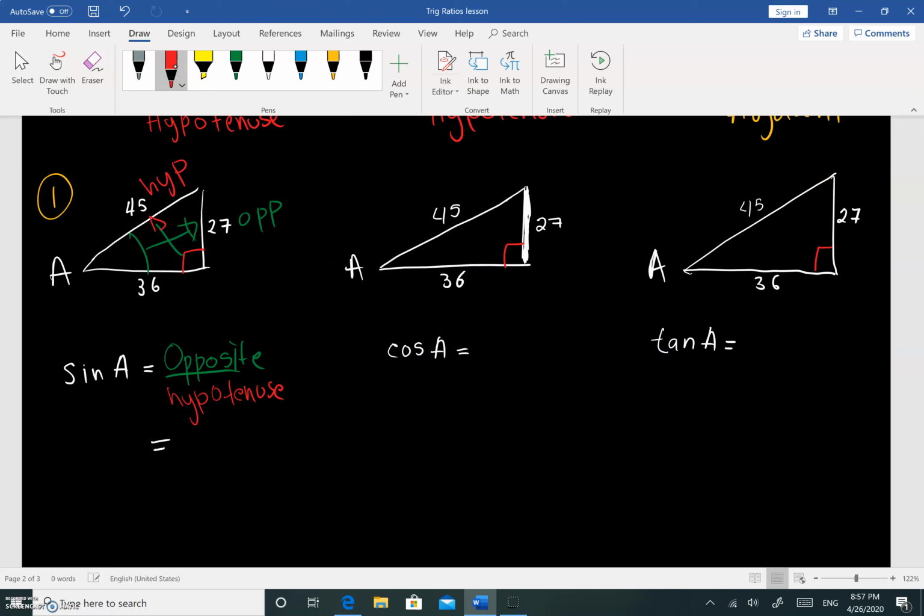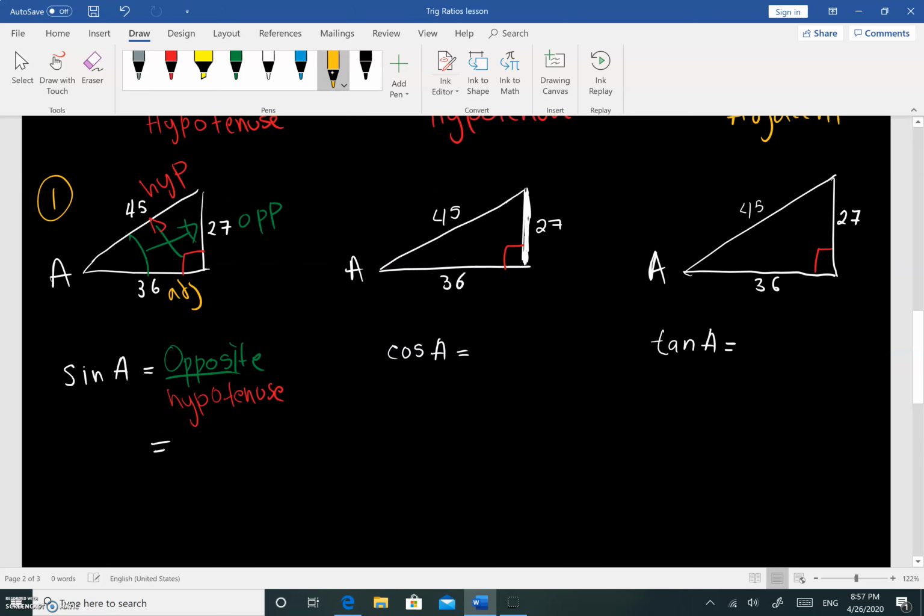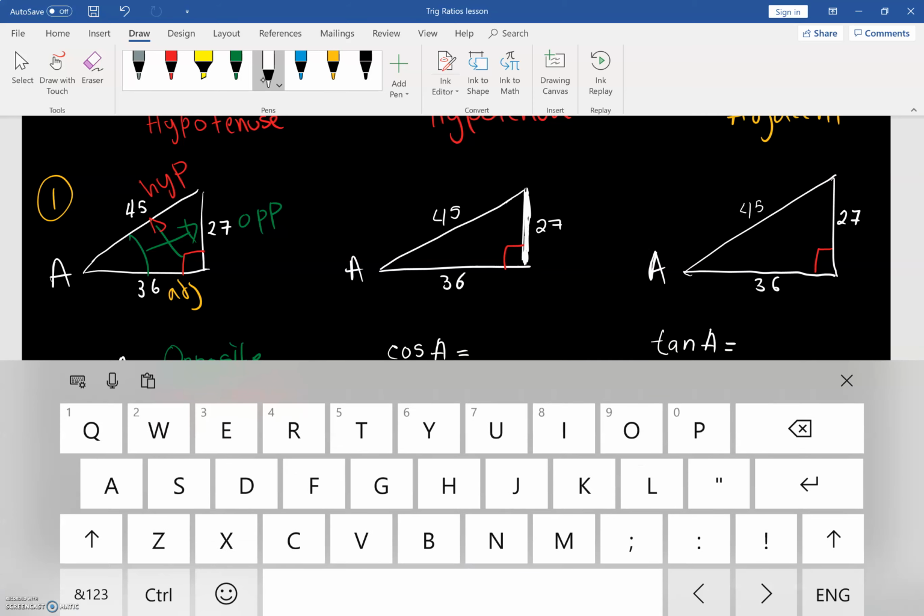I'm going to put HYP. And the last one is going to be my adjacent, but in this case we don't really need to know the adjacent because all they're asking us for is sine of A. So sine of A is equal to opposite, which is 27, over 45.